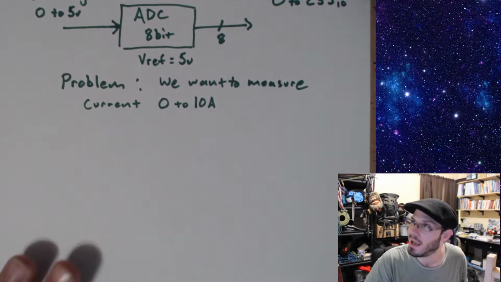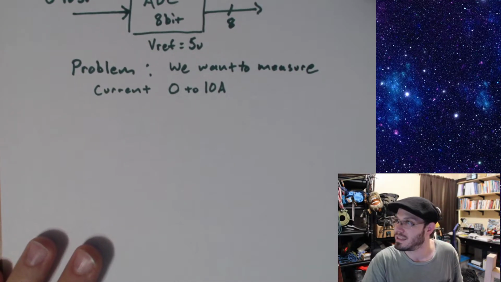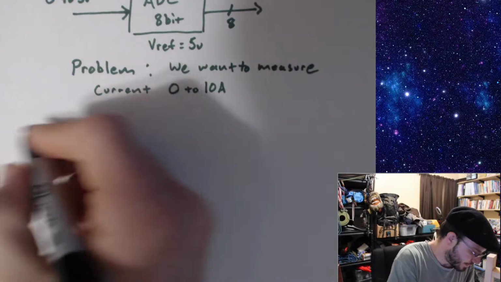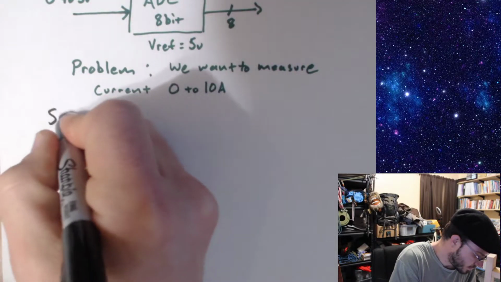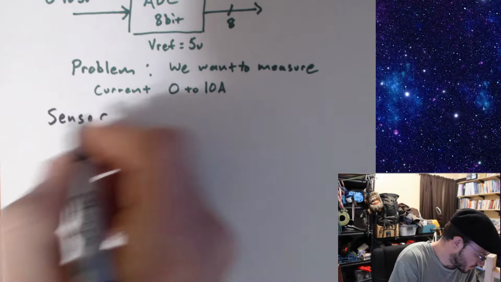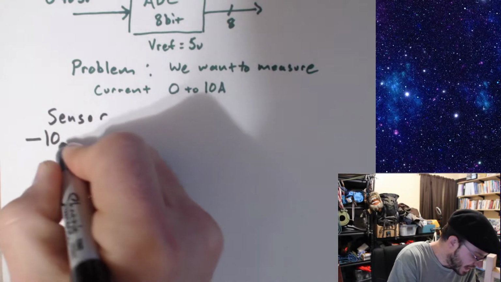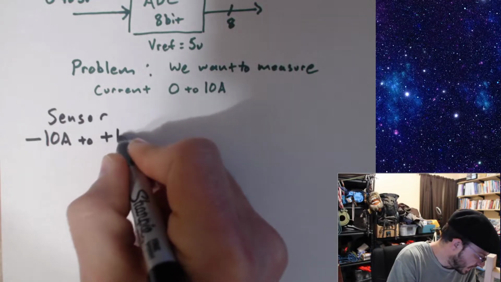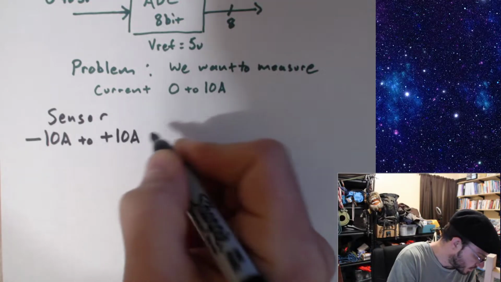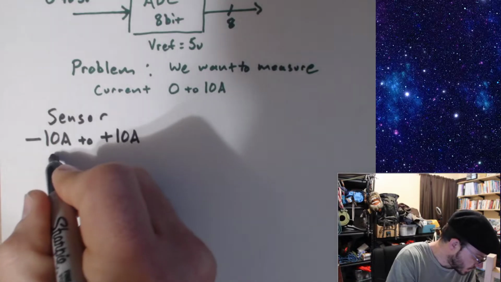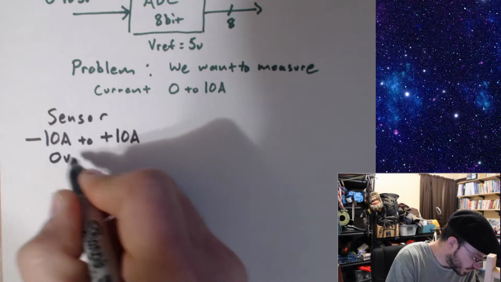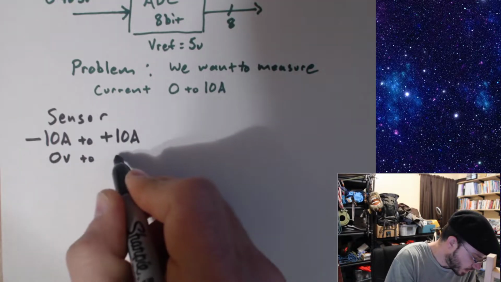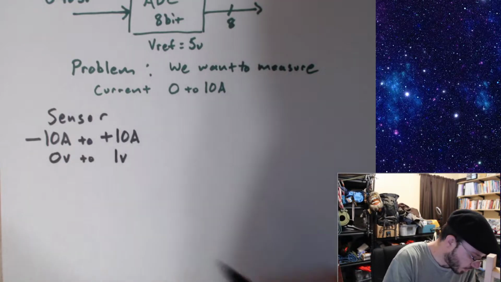So I go ahead and I purchase the closest sensor for my application. -10 amps to +10 amps, or 0 volts to 1 volt.